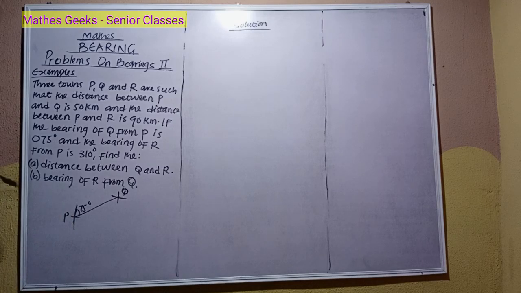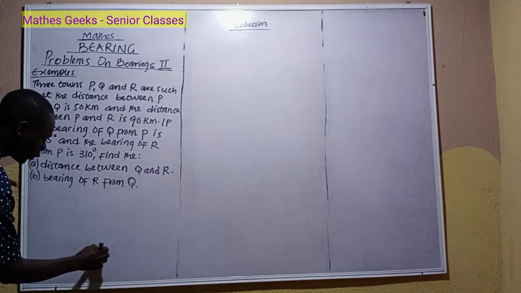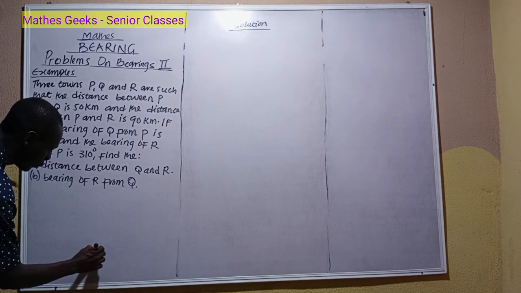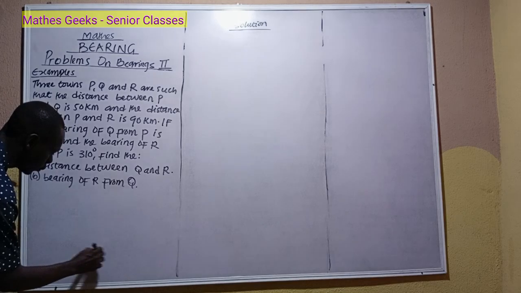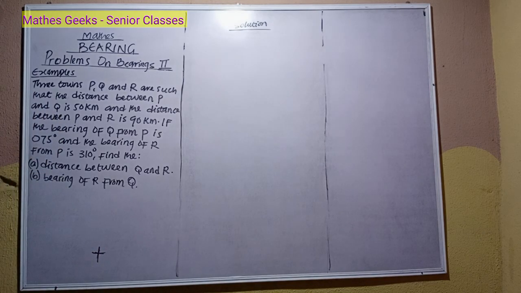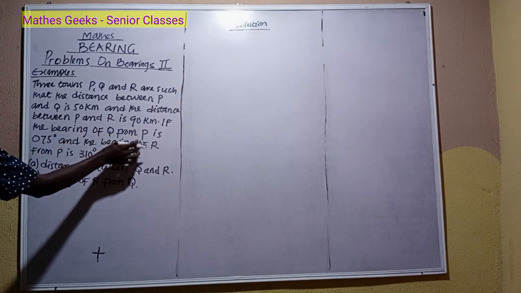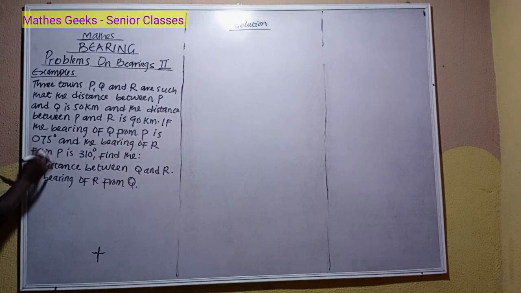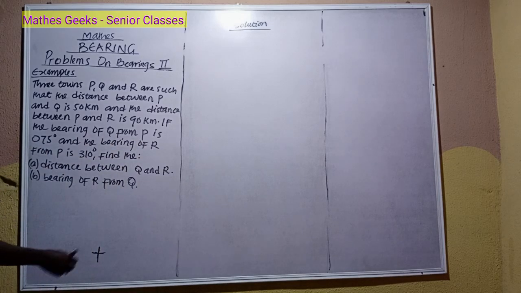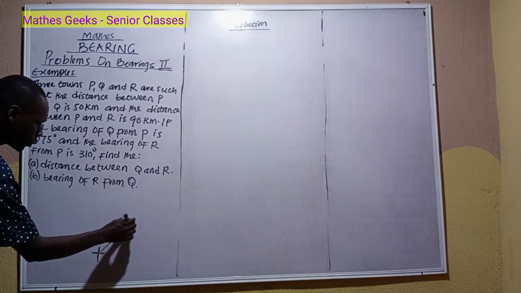310 degrees will come this way, so that means I will have to start again. The bearing of Q from P is 70 degrees, so my P will be here, so that when I'm getting the bearing of R from P, which is 310 degrees, I'll be able to come up to 70 degrees.